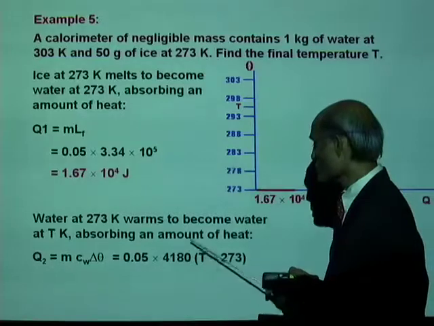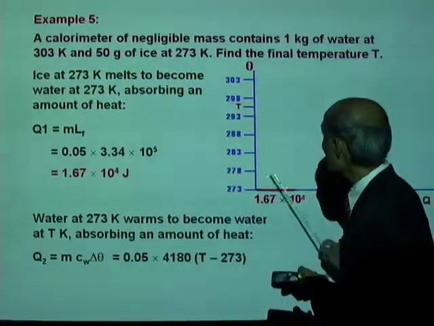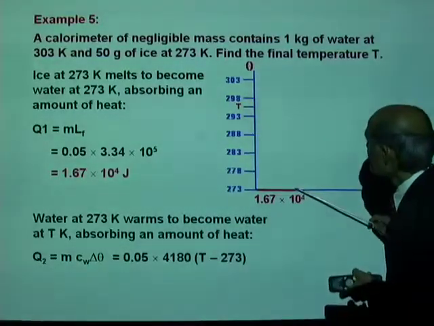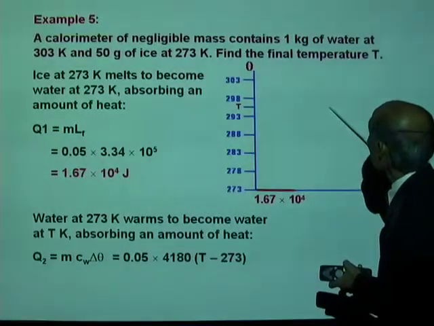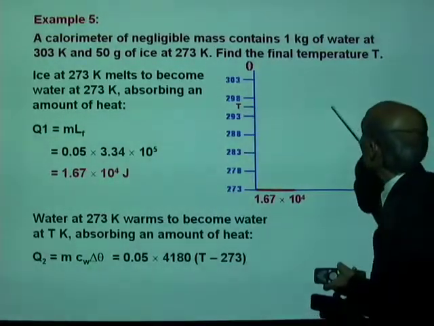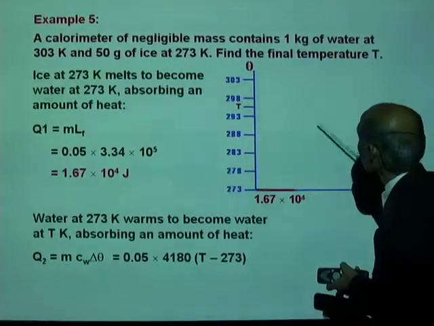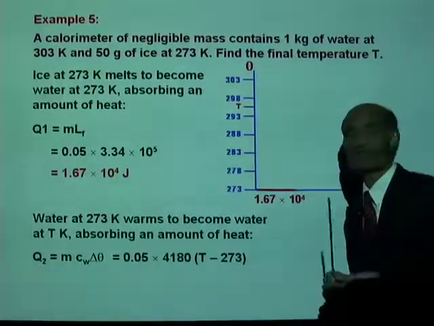Specific heat of water times the change in temperature. You see, initial temperature is 273. The final equilibrium temperature is this T. The change in temperature is T minus 273.